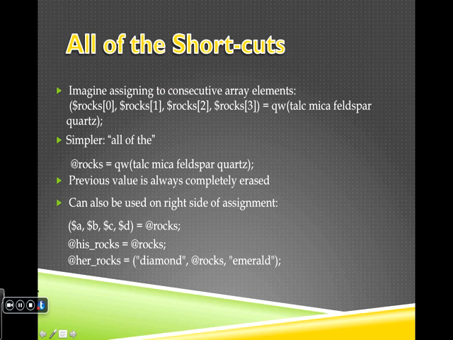Also, I can generate a new list based on another one, so just a copy. Also, I can put a list with the at sign in the middle of a list operation. So here I'm generating a new list of 6 elements. The first element is diamond. The next 4 elements are Talc, Mica, Feldspar, and Quartz. The 6th element is emerald.